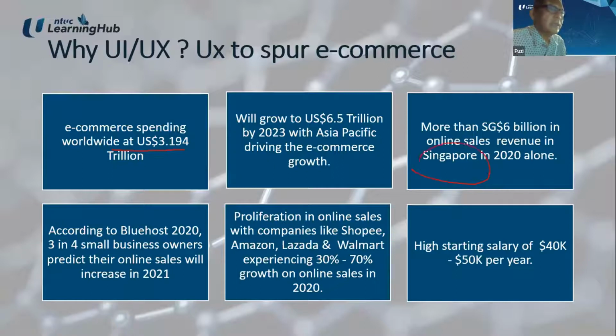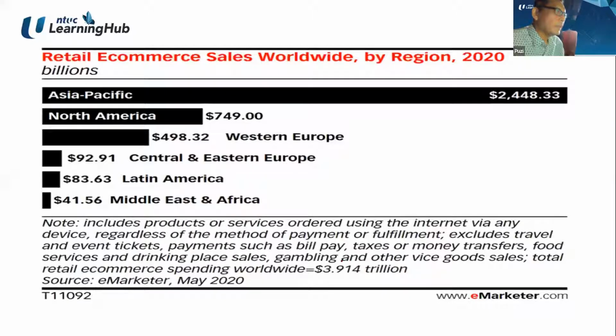Okay, Singapore has also grown to 6 billion, and you see that there are a lot of e-commerce platforms like Shopee, Lazada, Amazon, which is now very popular in Singapore, especially during COVID-19. Okay, and as you can see over here, according to this stat, Asia Pacific will experience the most growth.